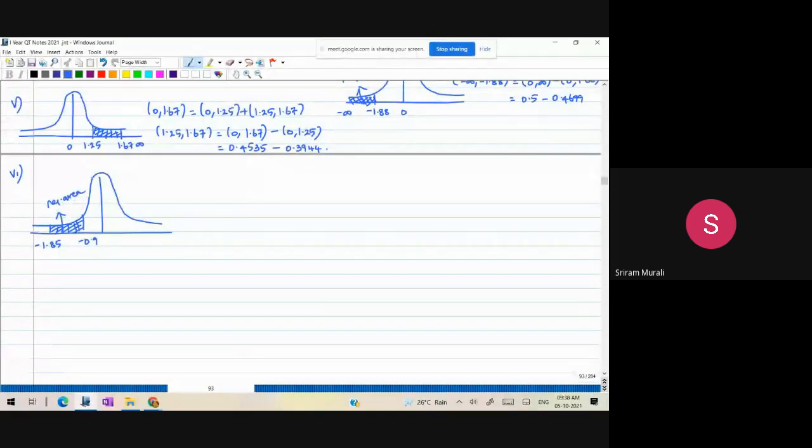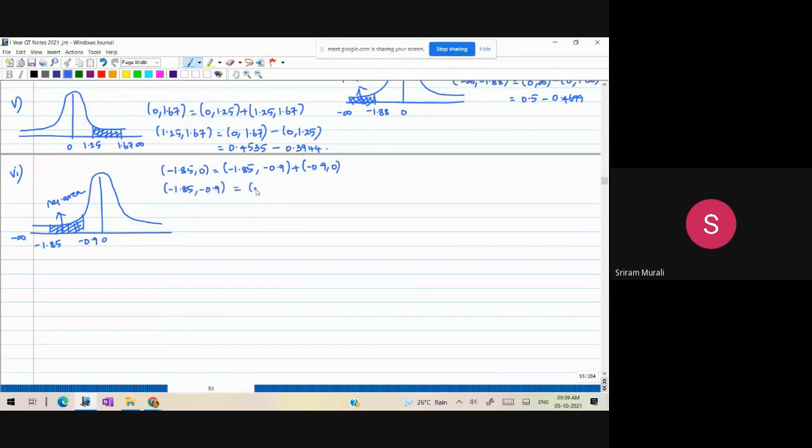So how do you calculate? Like the last problem, I take minus 1.85 to 0 as minus 1.85 to minus 0.9, then plus minus 0.9 to 0. This is the required area.